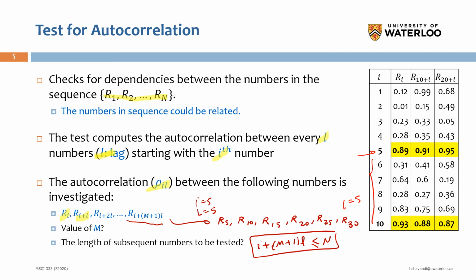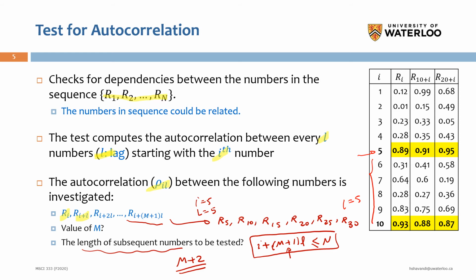And the length of the subsequent numbers that we will test for dependency will be m plus 2 numbers, right? Because we have m plus 1 numbers here and also 1 number as the ith number. So in total, we will have m plus 2 subsequent numbers for testing.